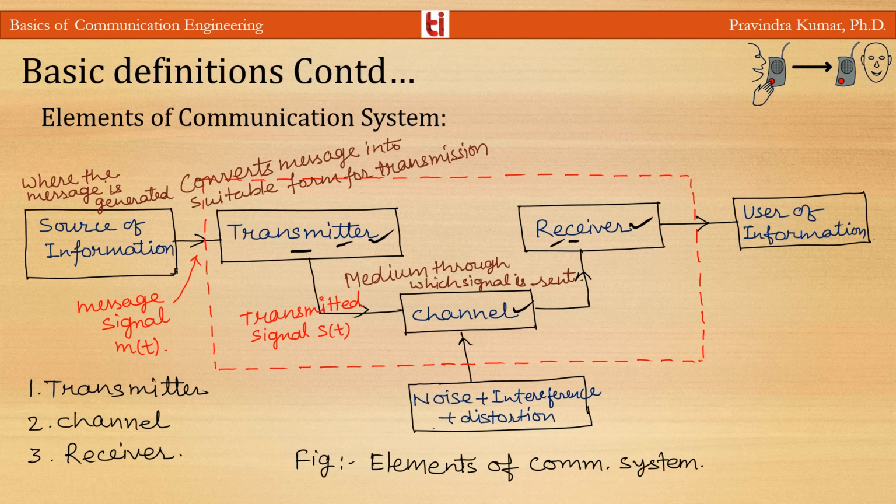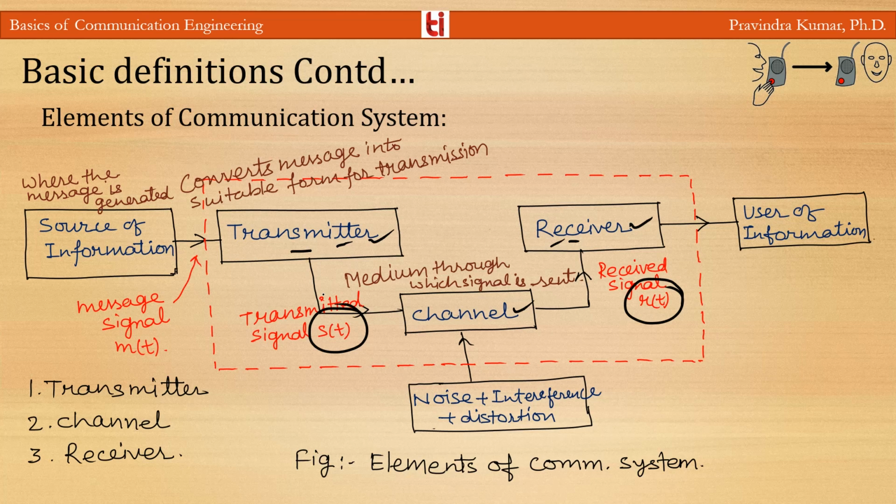This channel has some imperfection: noise, distortion, and interfering signals originating from other sources are added to the channel output. So at the receiving end, I am getting a corrupted version of the transmitted signal. So r(t) here is the corrupted version of the transmitted signal s(t).